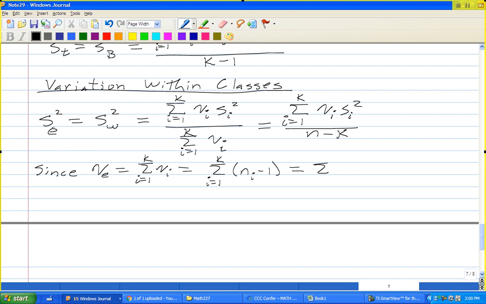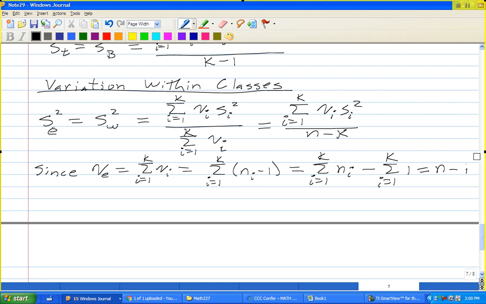So this is just the sum of n sub i, i equal 1 to k, minus the sum of 1, i equal 1 to k. But if you add up all of these sample sizes, well, it should be the total sample size. If you add up 1 k times, you get k.